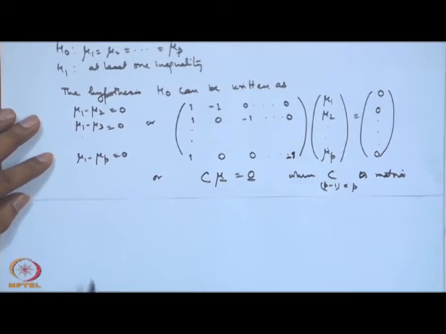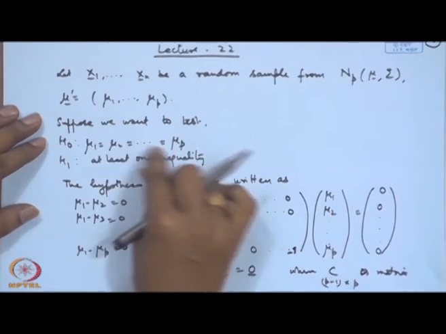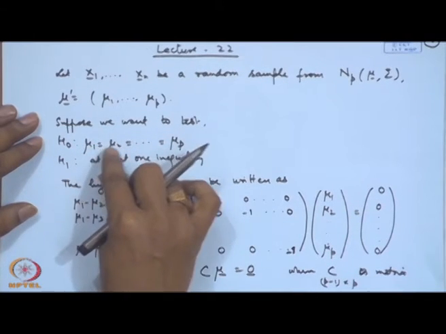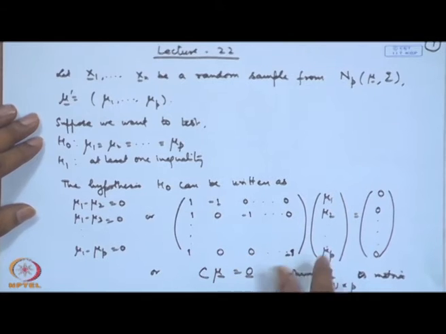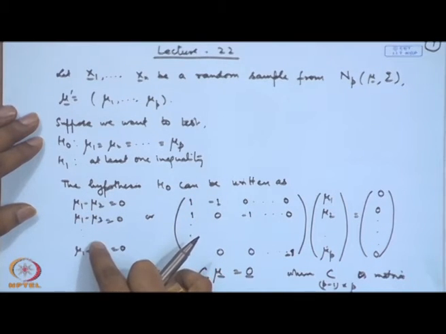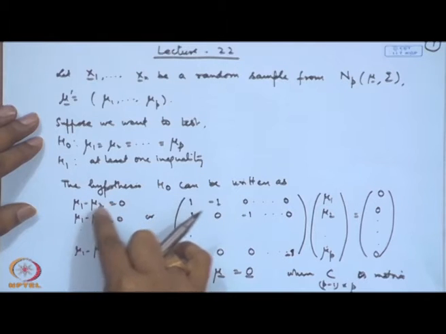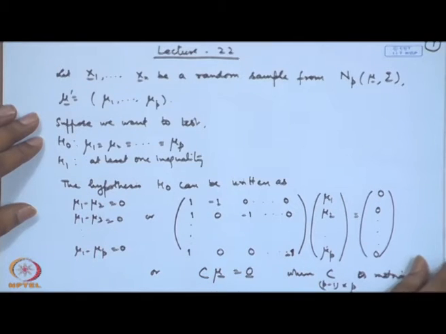Okay. Now, you see this statement which is written in a linear form like mu 1 is equal to mu 2 is equal to mu p, I can consider it as p minus 1 simultaneous linear functions of the mu vector, of the components of mu. So, we can write it as C mu is equal to 0.